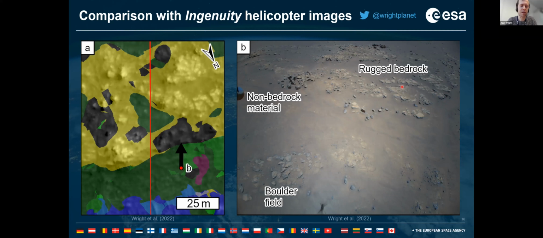And what we've seen looking at the Perseverance rover's traverse so far is that the team is guiding it through material that NOAA-H has classified as fractured bedrock, like I showed you earlier, but they seem to avoid, where possible, this yellow unit, this rugged bedrock. So again, this is an important result for ExoMars.